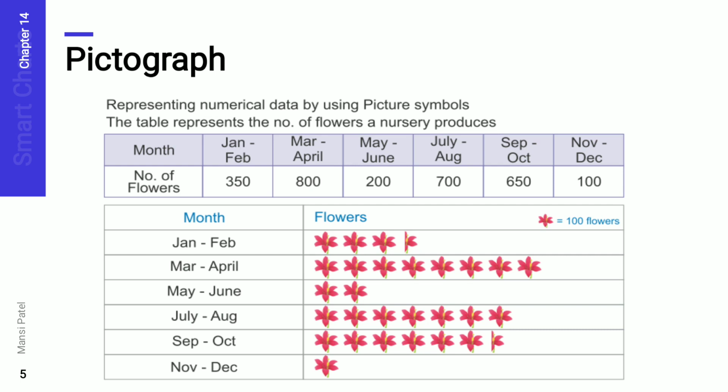So in the month of January, February, there are 350 flowers. So what do you want to do? You have to draw first 3 whole flowers. And then for the remaining 50, you draw a half flower only. So this type of information attracts you, and you easily understand it for a long lasting time.